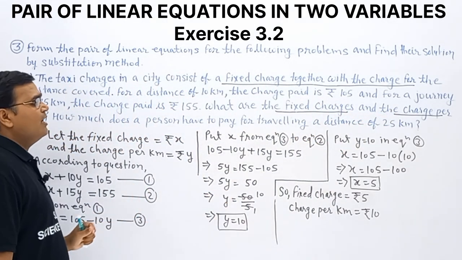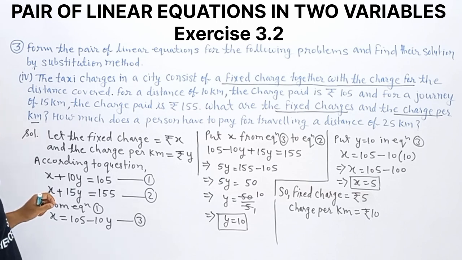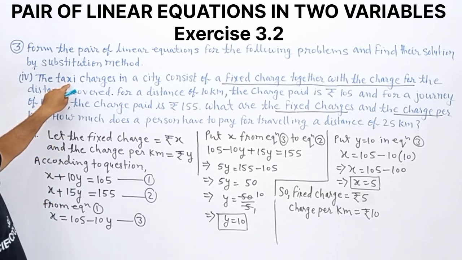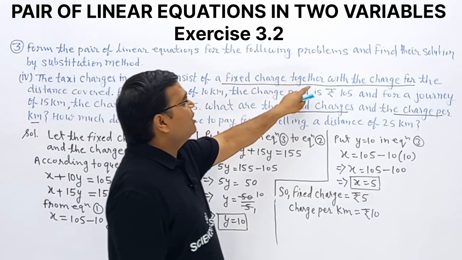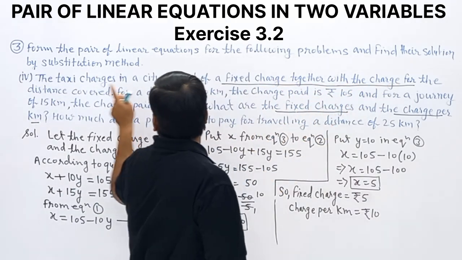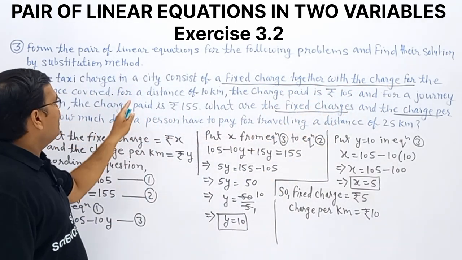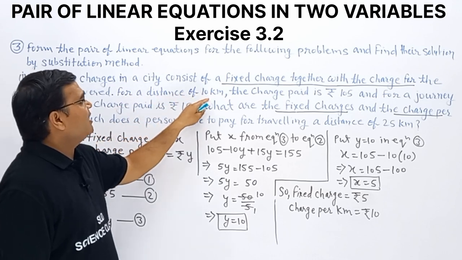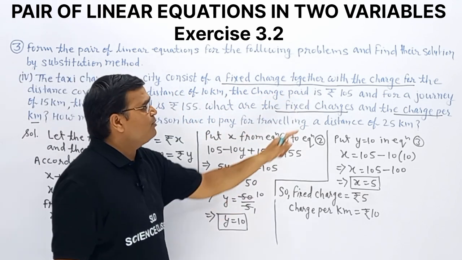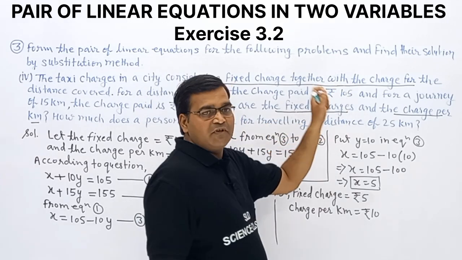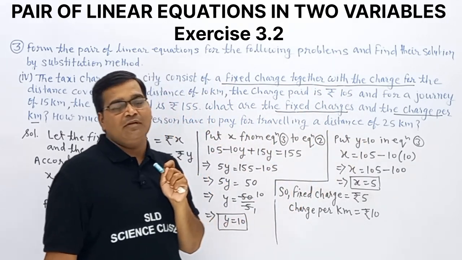Observe again how we are getting these things. First, as per the situation, the taxi charge in the city consists of a fixed charge together with the charge for the distance. Now for a distance of 10 kilometers, the charge paid is 105. It means this charge includes the fixed charge plus the charge per kilometer.